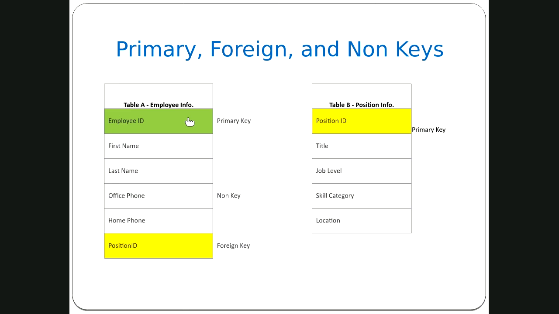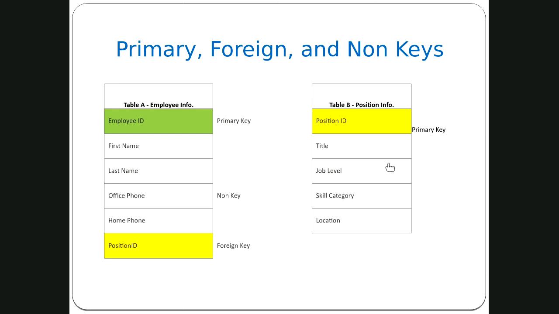So the foreign key is something that shows up as a primary key in another table, and the non-key is a quality of the primary key. It is not a primary key anywhere else. This is the end of the non-key right here, right? It does not go to any other table to connect with another table.